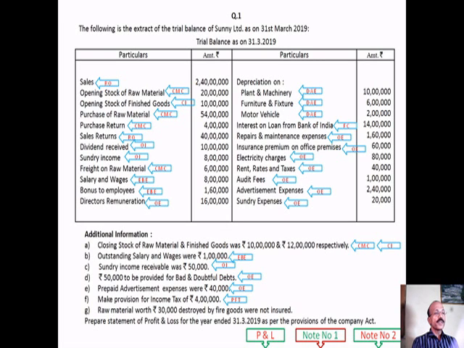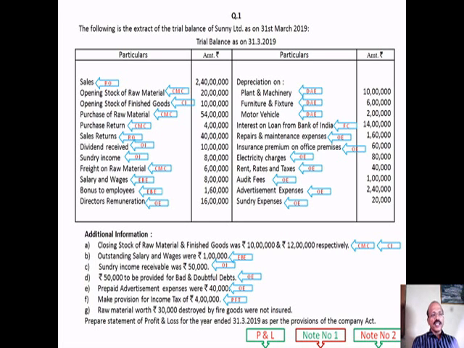Raw material worth rupees 30,000 destroyed by fire was not insured. This has two effects because insurance was not taken. If it were insured, some claim might have been received from the insurance company. Generally the adjustment you will come across is where goods lost by fire were partly or fully insured and partly claimed.